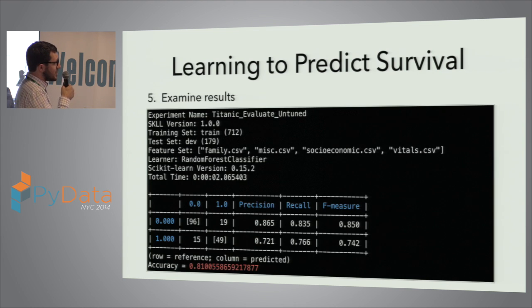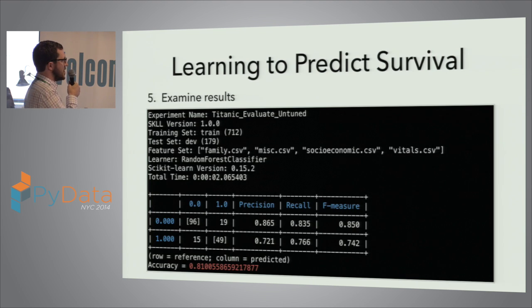For reproducibility later, you might want to know what version of SKLL you were using when you ran this experiment, what version of Scikit-Learn you had installed, how long it took, everything like that. And then we've got this nice confusion matrix at the bottom with precision, recall, and F-measure for each class. In this case, the 0 means that they perished, and the 1 means they survived.